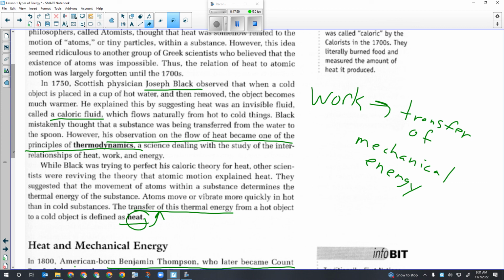And then this little bit down here, the transfer of thermal energy is heat.